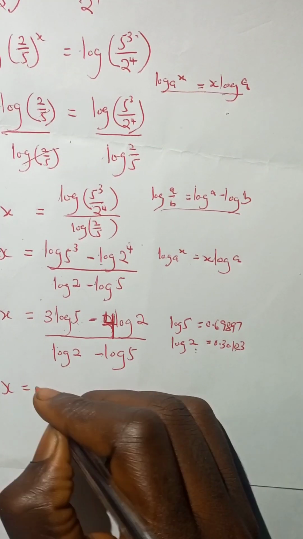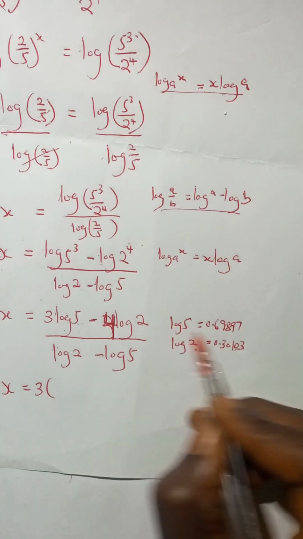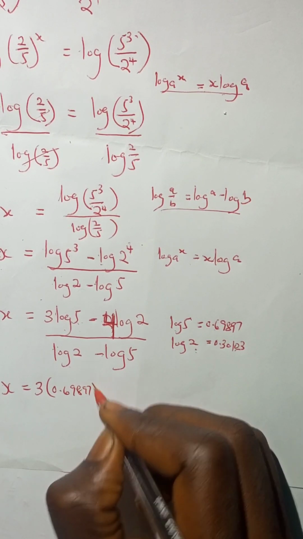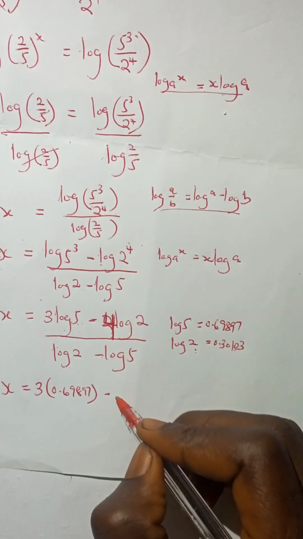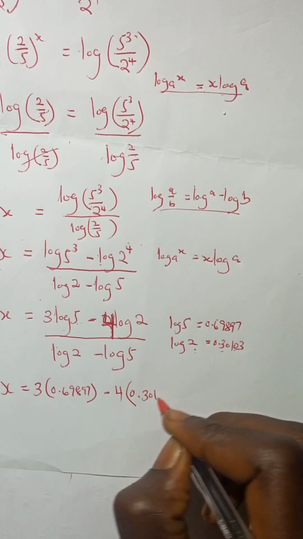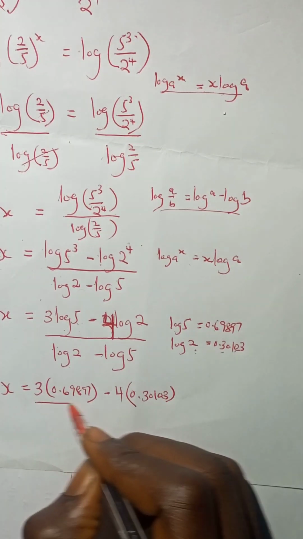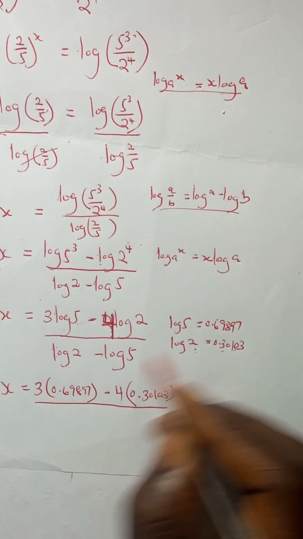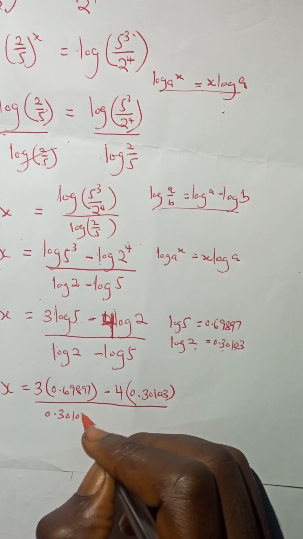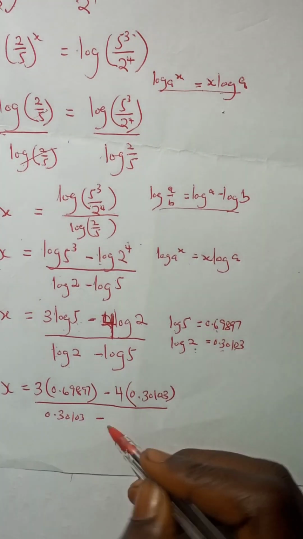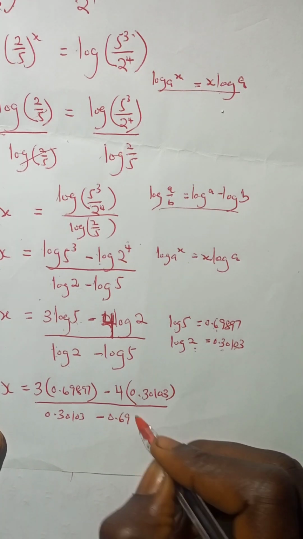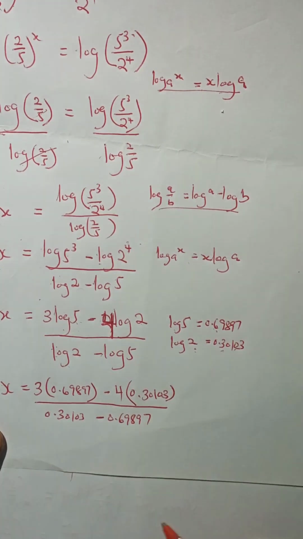So x equals 3 bracket log 5, 0.69897, minus 4 log of 2, 0.30103, all over log of 2, 0.30103, minus log of 5, 0.69897.